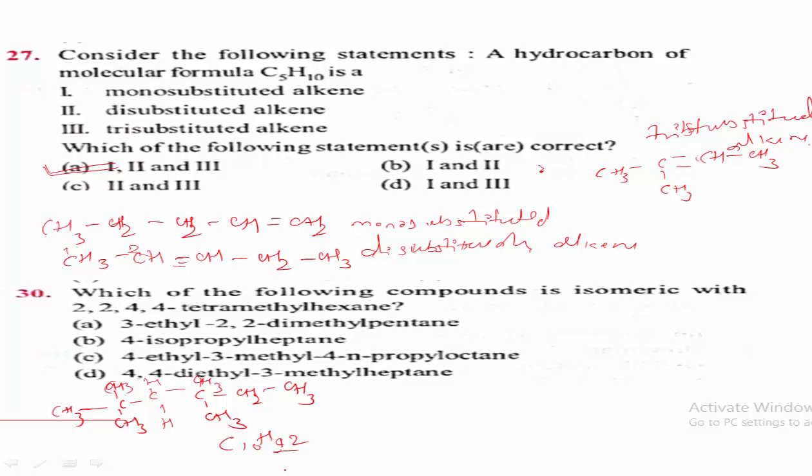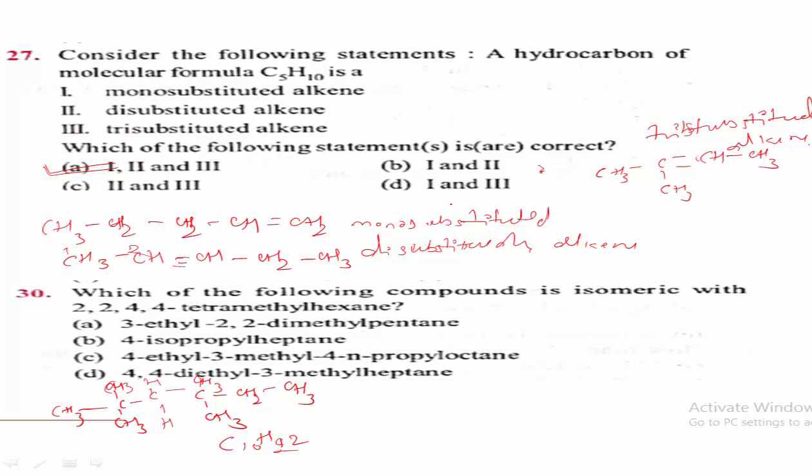Among the given options, which one has this molecular formula? That is the isomer. Okay students, you must write all the structures of the given compounds. Okay students, when you observe all the given option structures, the structure of the compound which is given in option B, I think it follows the same molecular formula, that is C10H22, because what is that? 4 isopropyl heptane.